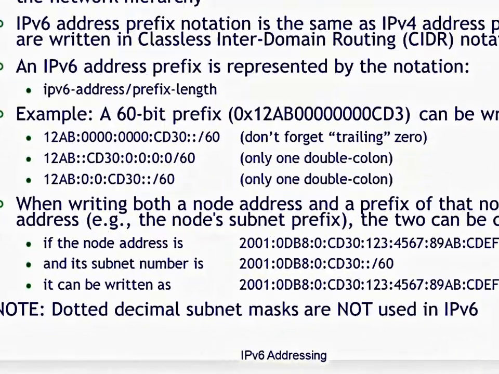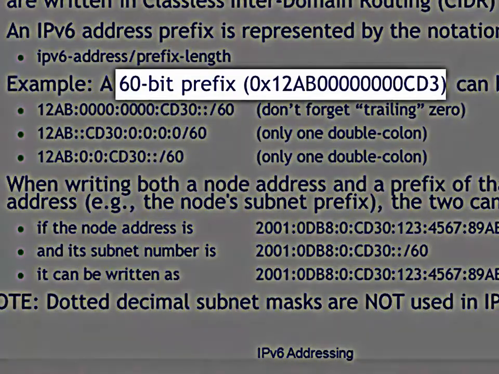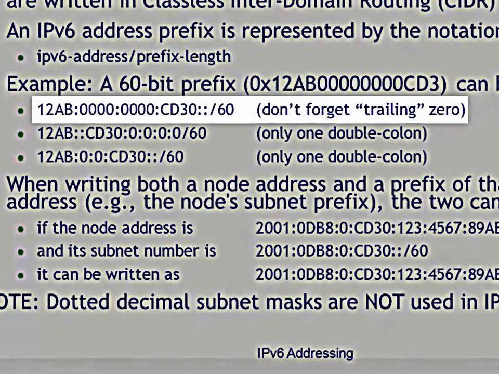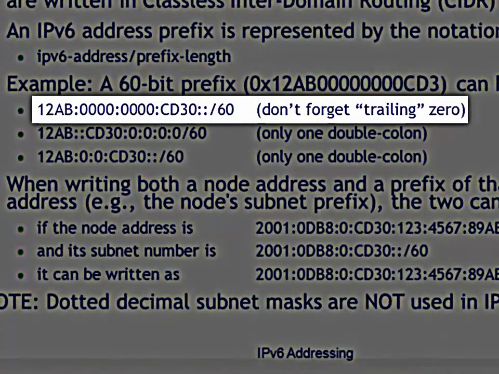As you can see here, if we have an example prefix of the hex 12AB followed by some zeros, CD3, and we wanted to indicate that it was a 60-bit prefix, there are different ways of representing it. For instance, in the first example, remember the trailing zeros cannot be omitted. In fact, that's the whole prefix completely written out.